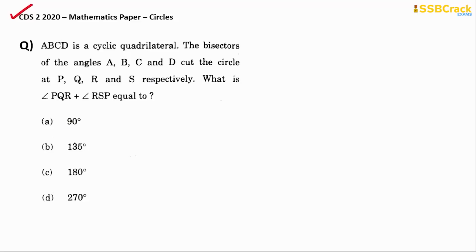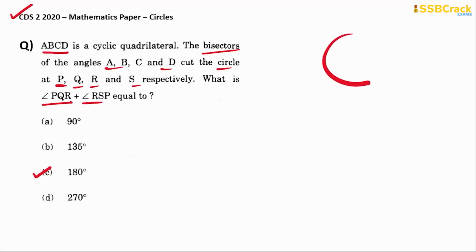If you have already studied the theorem, you would have answered this question very easily, saying that the answer has to be option C. The scenario is such that there is a cyclic quadrilateral ABCD, and there are the bisectors of all the angles A, B, C and D, and they mentioned that these bisectors cut the circle at 4 points, respectively P, Q, R and S. They asked us the sum of the measures of angle PQR and angle RSP.